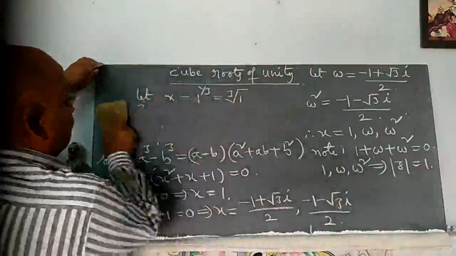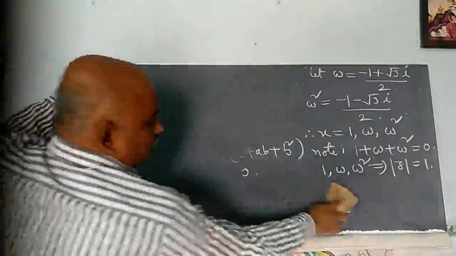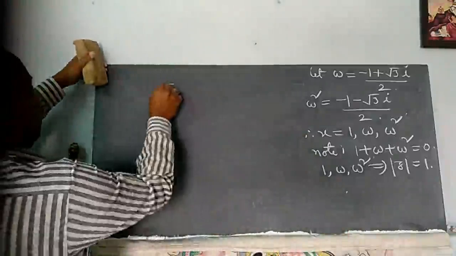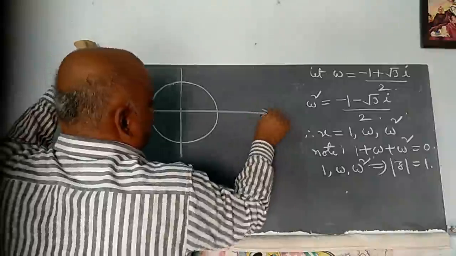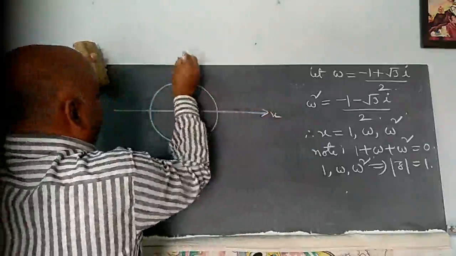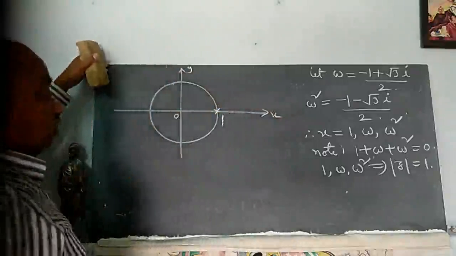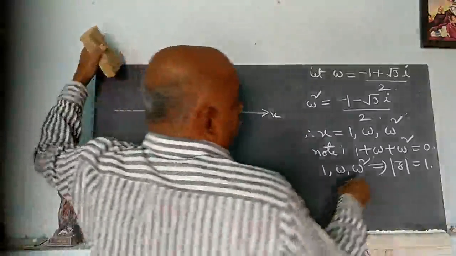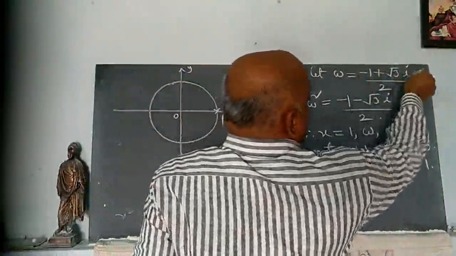Let us see. X-axis, y-axis, origin, unit circle. So it is 1. So here omega is minus 1 by 2 plus root 3 by 2 into i.